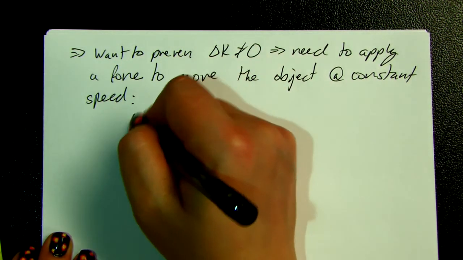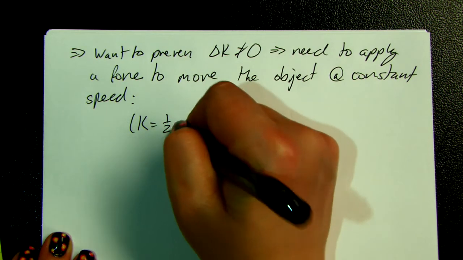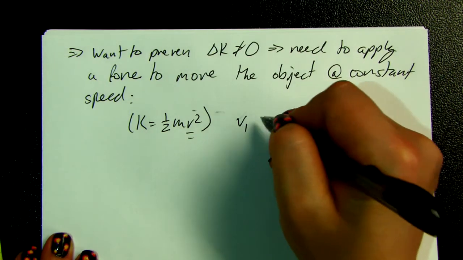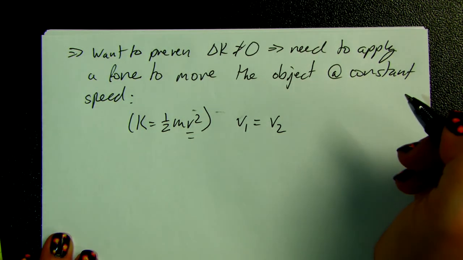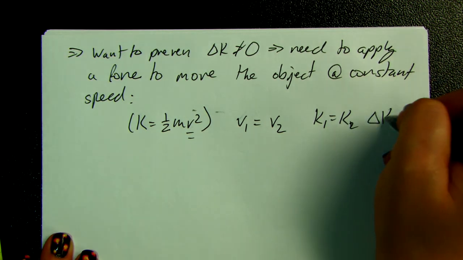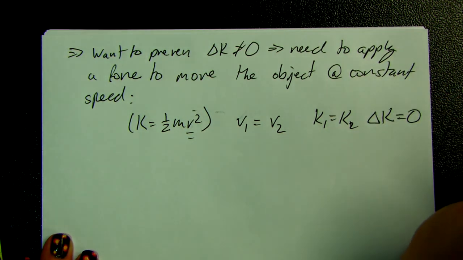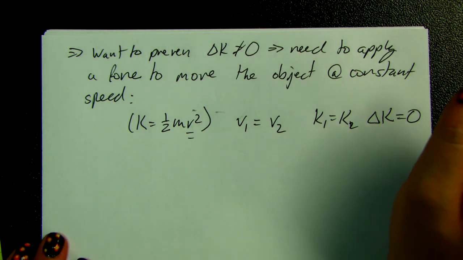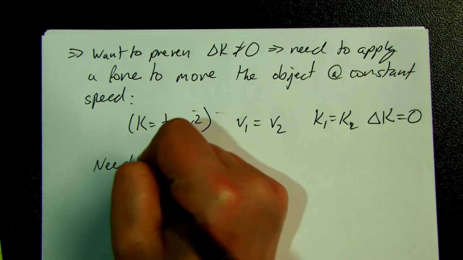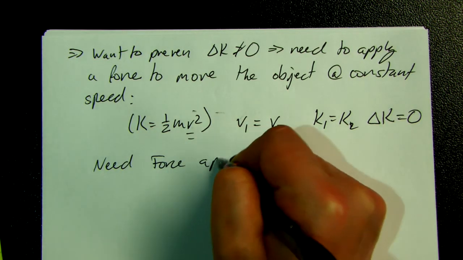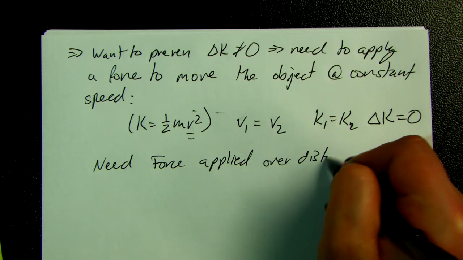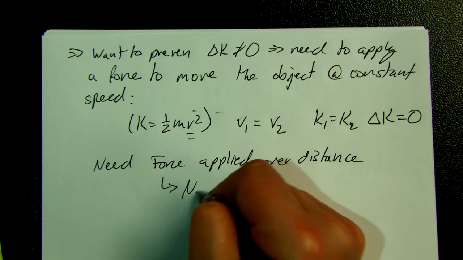So as we all know, K is equal to 1/2 mv squared. So if V1 is equal to V2 and there is no identity change, then K1 is equal to K2 and delta K is equal to 0. All right, so once again, if we're applying a force over a distance, so we need a force applied over distance, so we need to work.